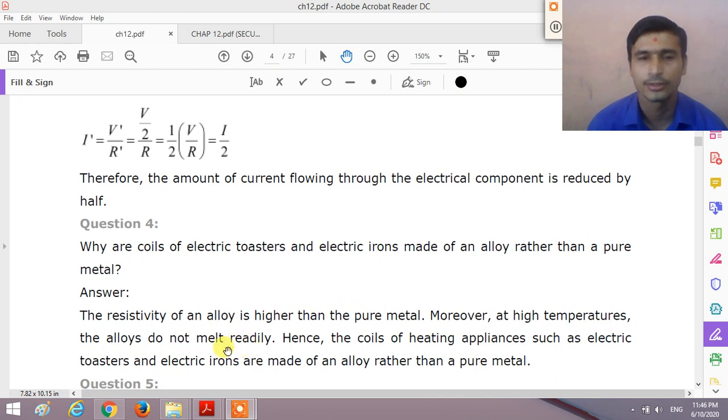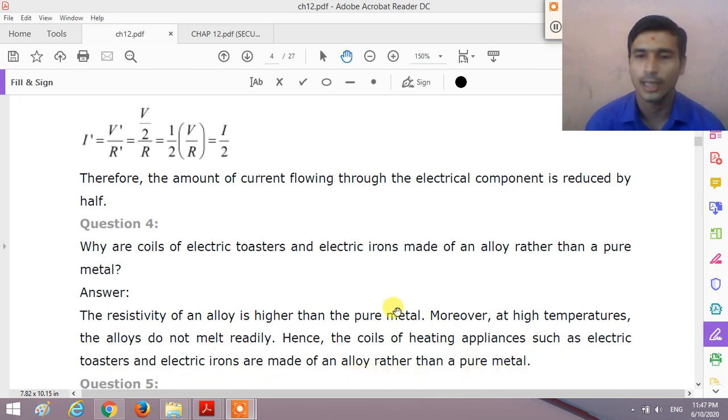As the current passes through the coil, heat is produced, the heating effect of electric current, and since alloys do not melt easily at high temperature, the coils of heating appliances such as electric toasters and electric irons are made up of an alloy rather than a pure metal.